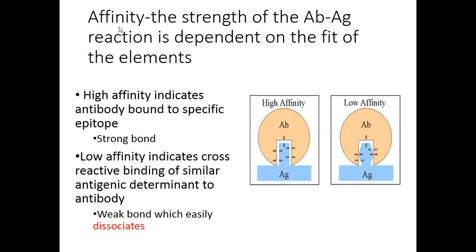Remember, that initial attraction is held with weak ionic or hydrogen or van der Waals forces, whatever it is that's holding it in place. But we said that's a reversible bond. They're not strong bonds. However, if we have a great lock and key fit, it's going to help make our bond stronger. We're not going to rely on those really weak initial forces to keep it bound together.